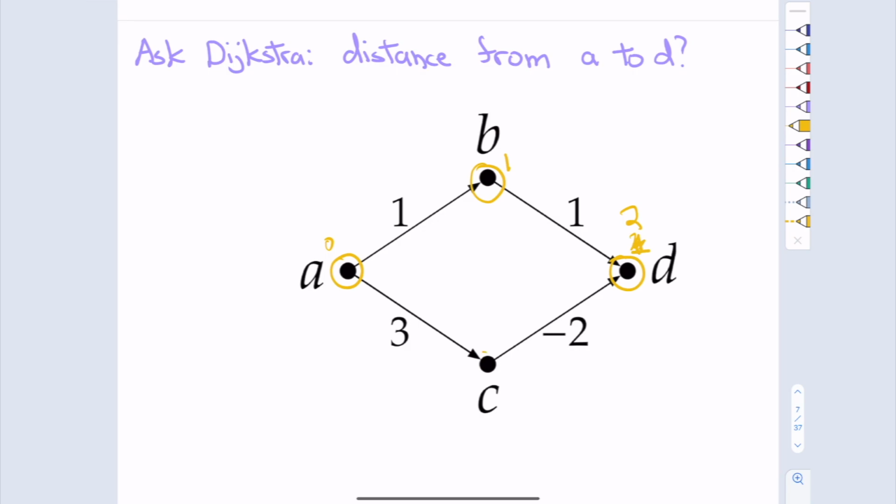But then it will continue and say, okay, C is at distance 3. And then only then it realizes, oh, there might be a path of distance 1 from A through D, but by then it's already made up its mind.